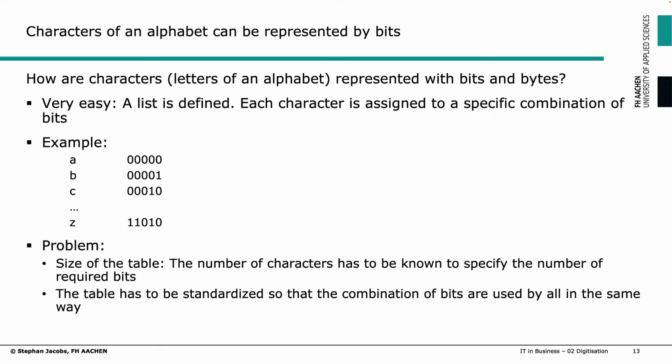So the problem is actually more an organizational one. How big is this table? You have to know in advance the number of characters you would like to work with. And then you have to agree on a special kind of table which everybody is using. This is not a problem which is easy to solve, and you have probably experienced this before.